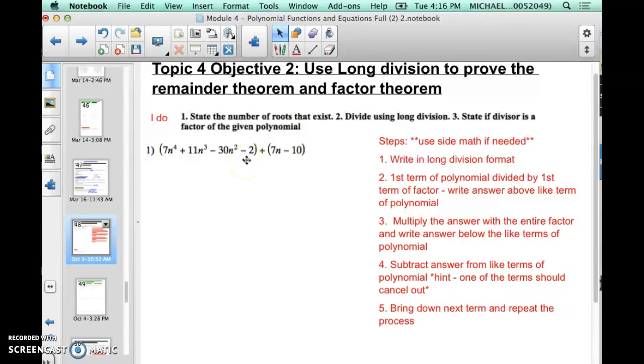If I do this 5-step process, and at the end there is no remainder left over, then 7n minus 10 is a factor, and the root form of that, where I would set 7n minus 10 equal to 0 and solve for the variable, is also a root. So if there is no remainder, then the factor in question is indeed a factor of the polynomial, and the root of that factor is indeed a root of the original polynomial as well.